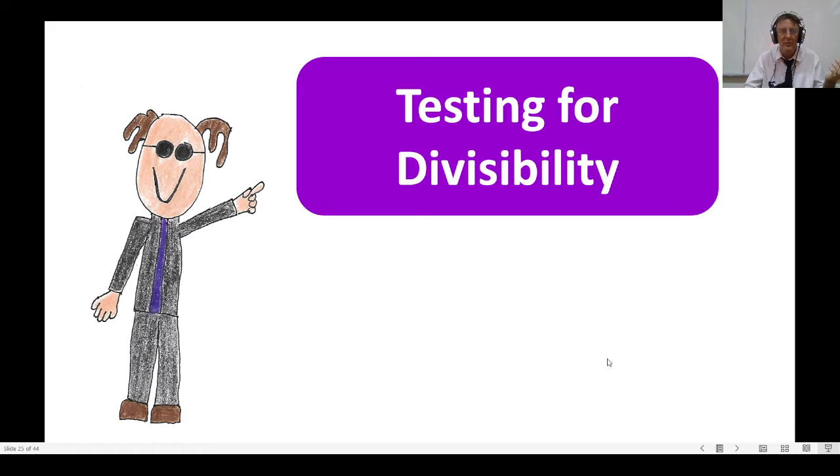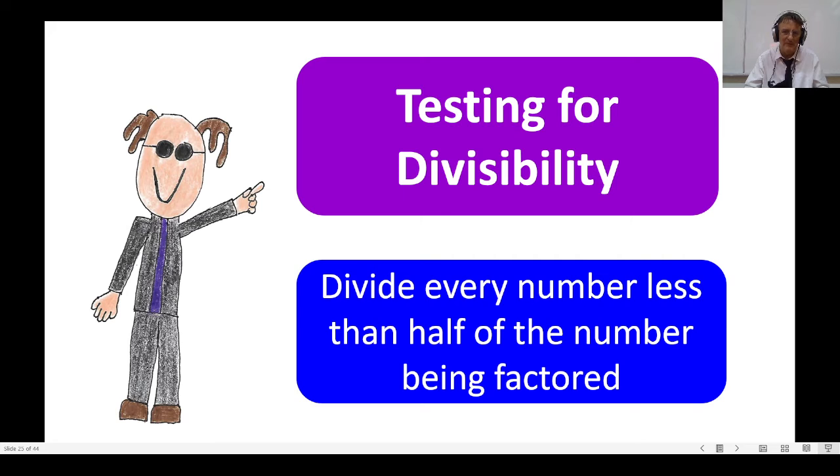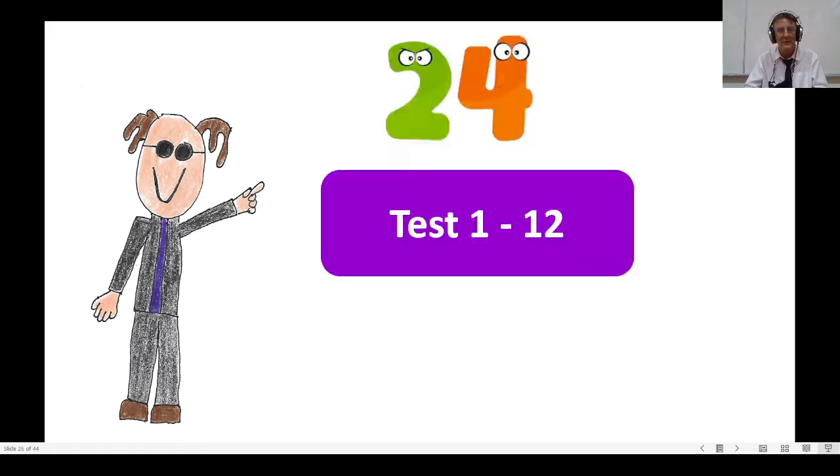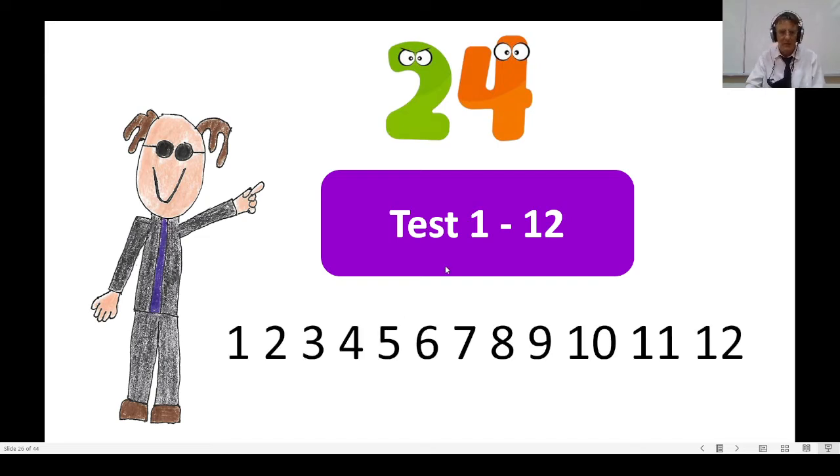So how do we find the factors of a number? We do it by testing for divisibility. What, teacher? That means we divide every number less than half of the number being factored. In the case of 24, we must test the numbers 1 to 12.